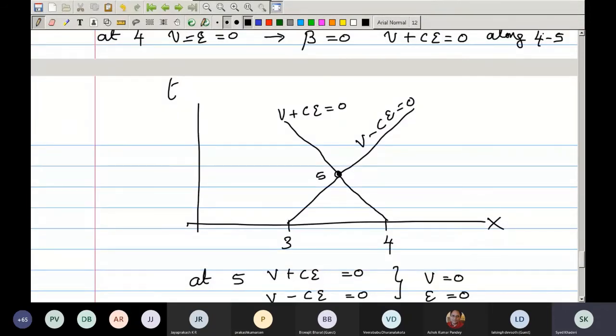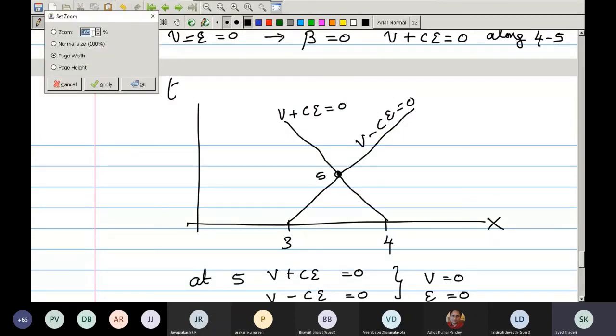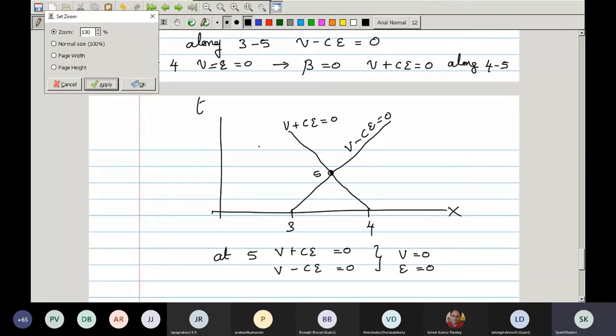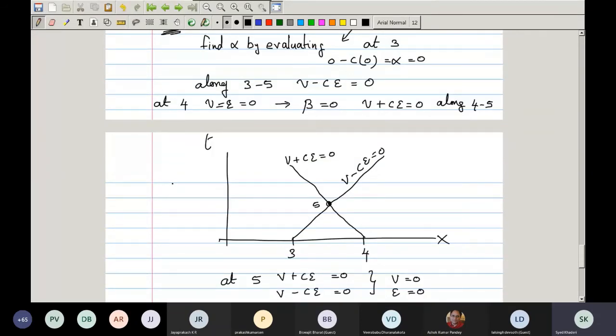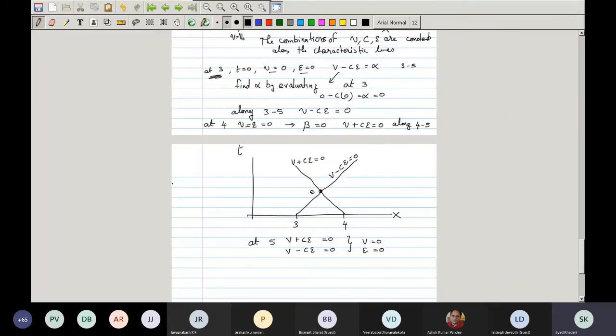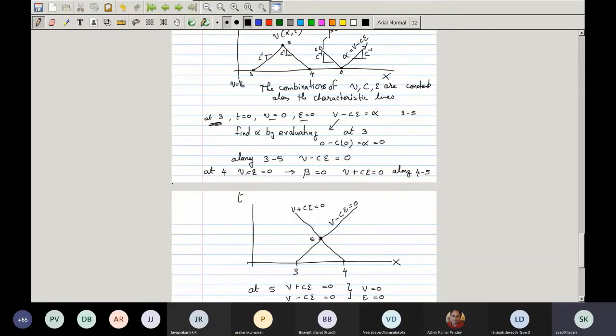Why can't I zoom something intermediate? I can. Fine.